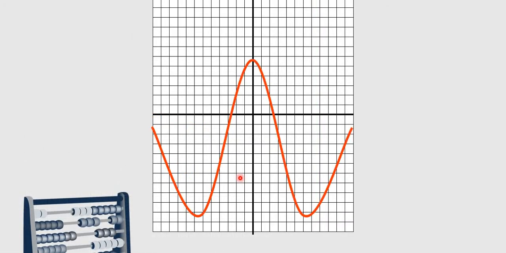How about this one? Pause the video and try to see if this is a function or not. So, here's our vertical line, which can be your pencil. And as you can see, it passed by without passing through any 2 points in our graph. Therefore, this is a function.